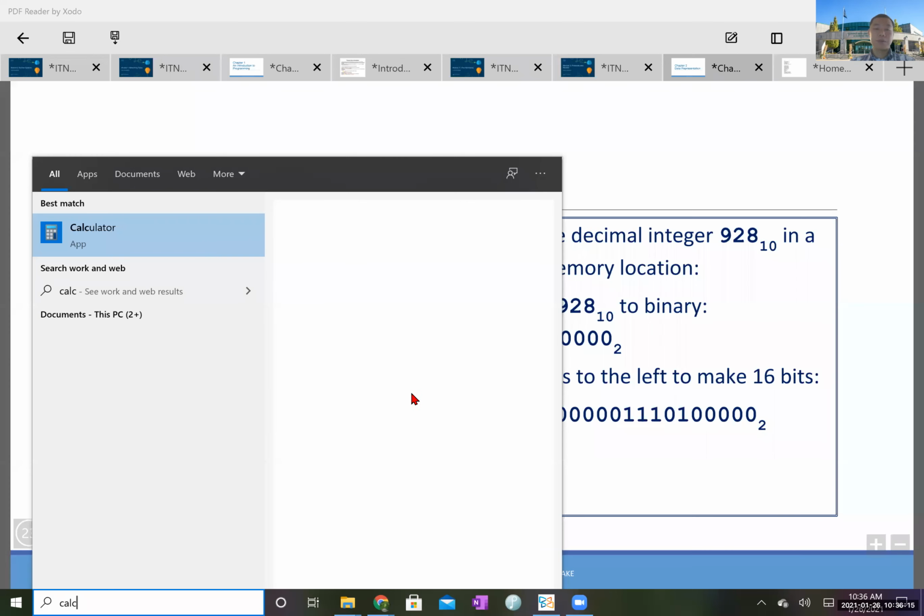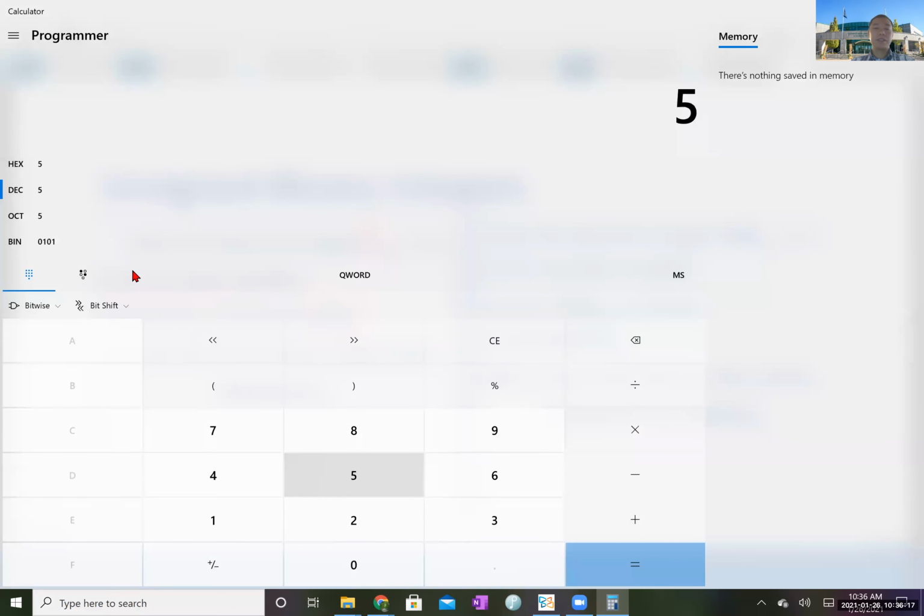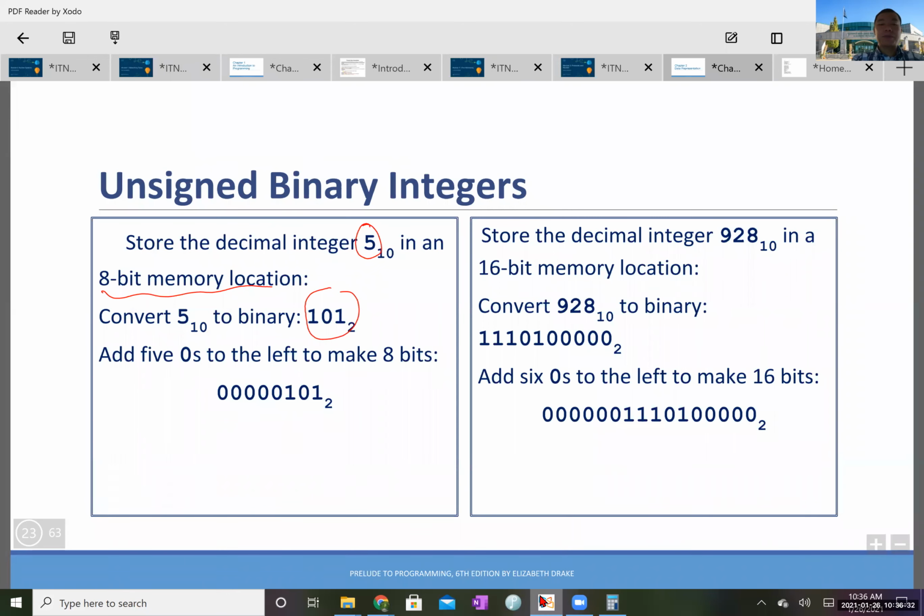You see you have 1 0 1 for the number 5. If you want to store it in 8-bit memory, you add 5 more 0s to the left, so you have five 0s to the left, and after that you have the binary number.